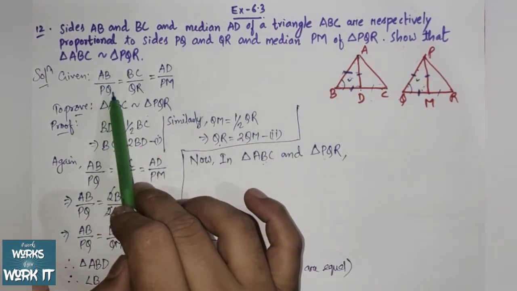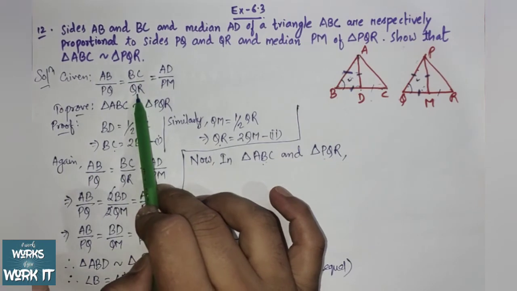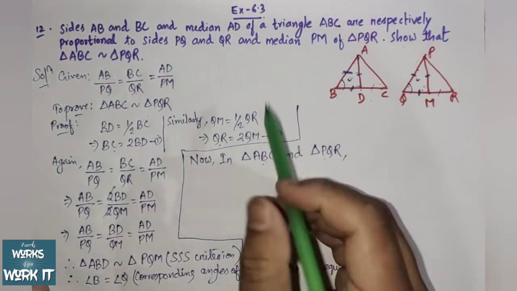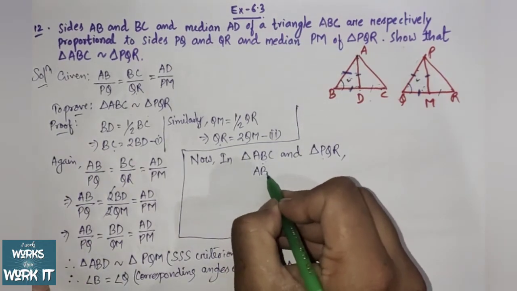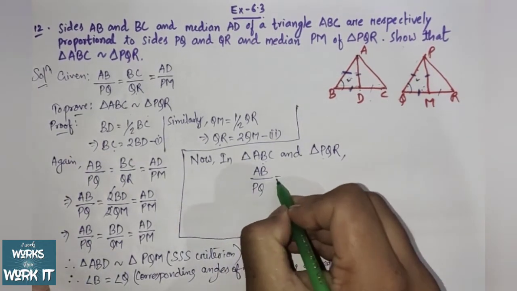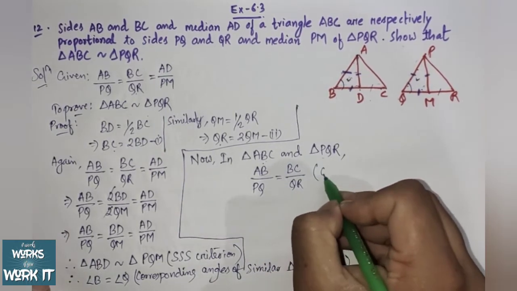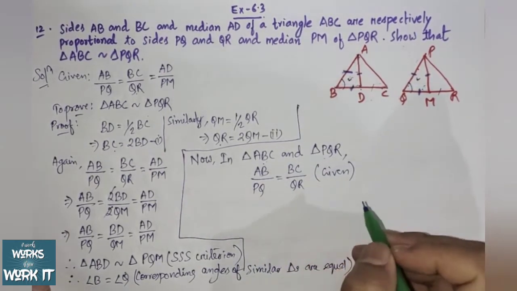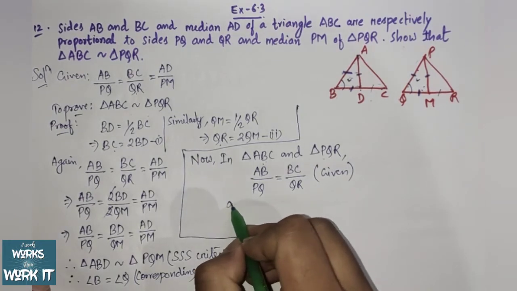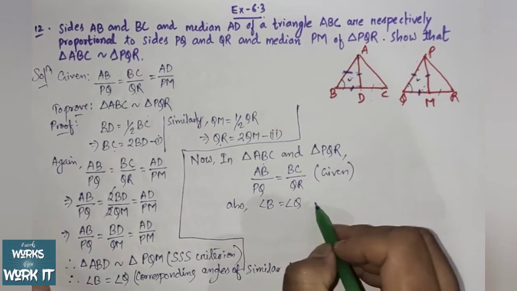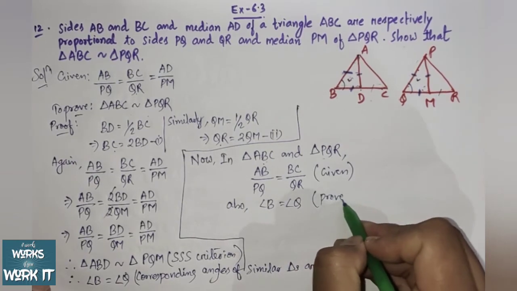AB by PQ and BC by QR are proportional, so AB by PQ is equal to BC by QR, which is given, and also angle B is equal to angle Q, which we proved above.